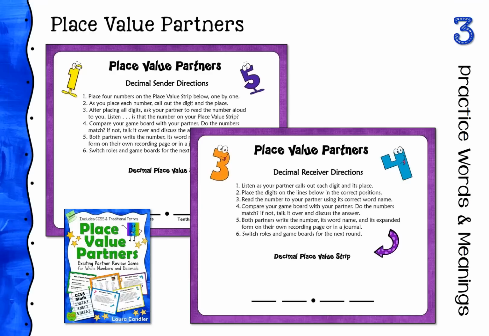One is a Common Core version, and the other one is the traditional one. The one pictured here says CCSS Math, but actually in the same product you get both of them, because the Common Core has some very strange terminology, different from what I had been using when I was teaching. So I put both variations in there.